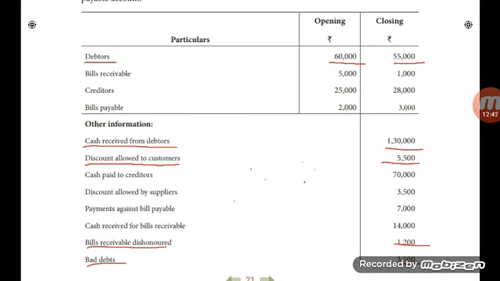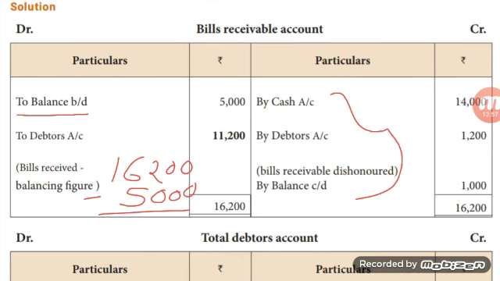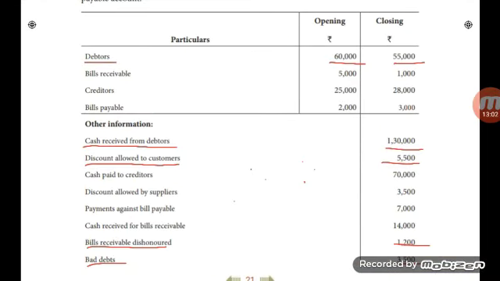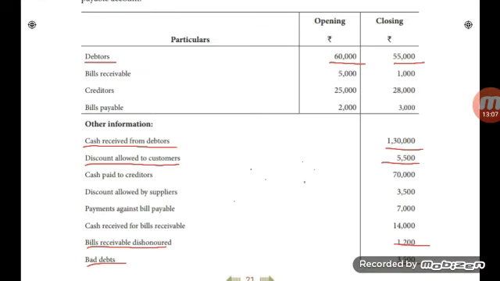By bad debts, 3,500. Then take the balancing figure of the bills receivable account. What is that? 11,200. By bills received during the year, 11,200. Then bills receivable dishonoured on the debit side. To bills receivable dishonoured, 1,200.